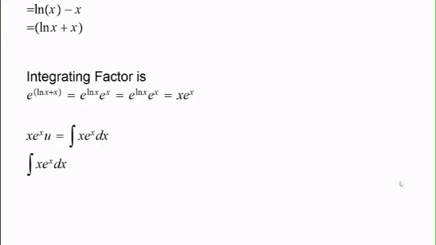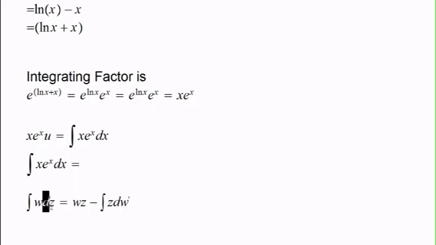Remember this, since we already used up u here, let me just take some other symbols. Say integral of w dz equals wz minus integral z dw, right? That's what integration by parts is.